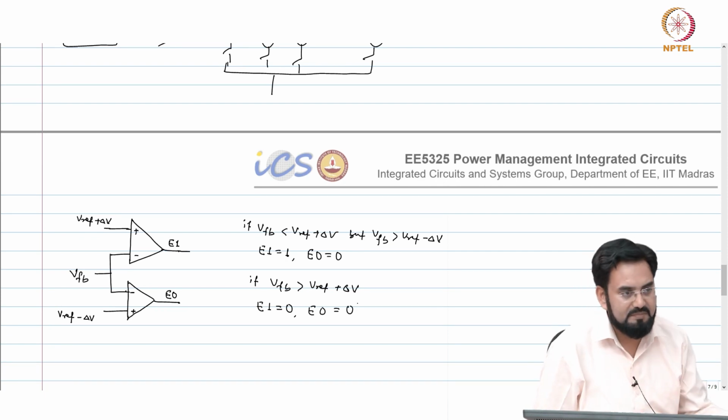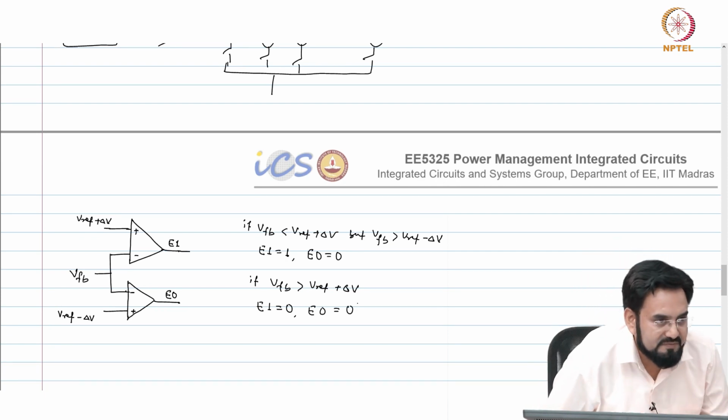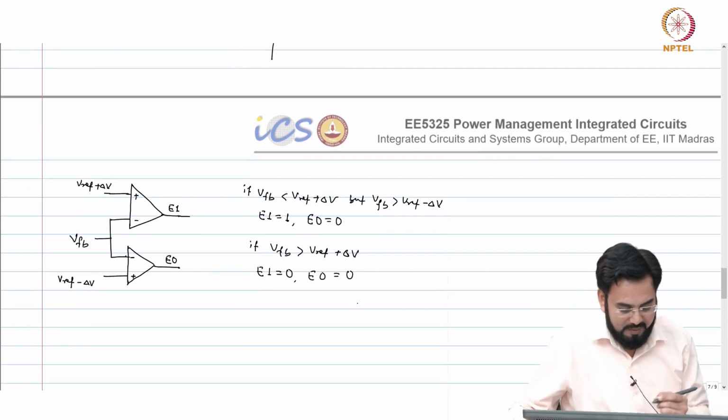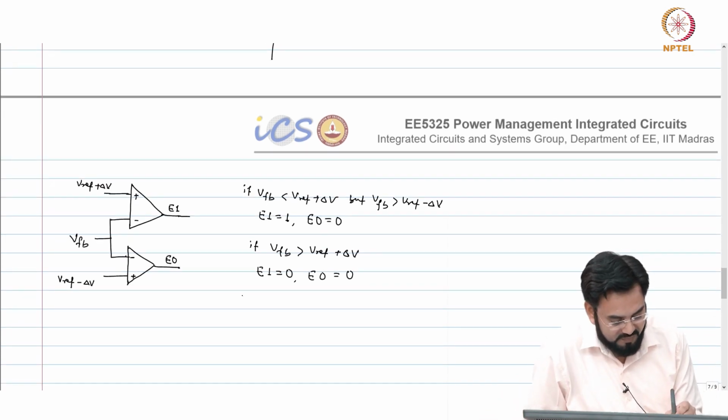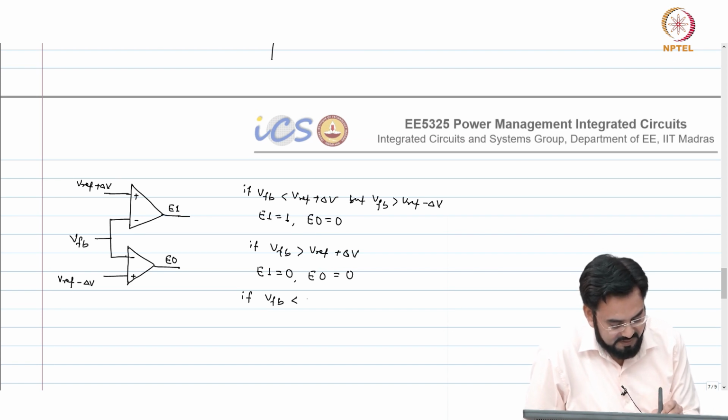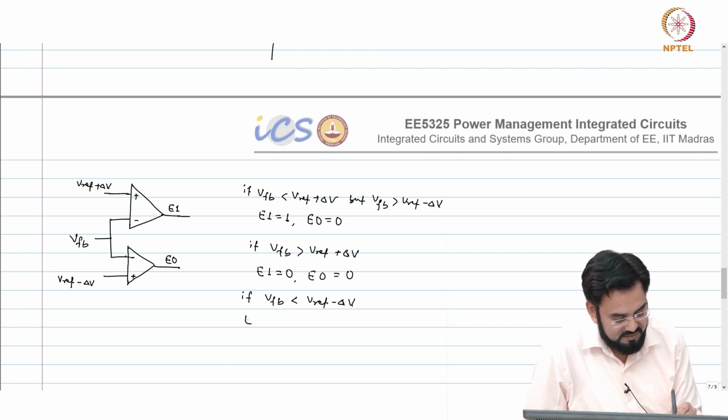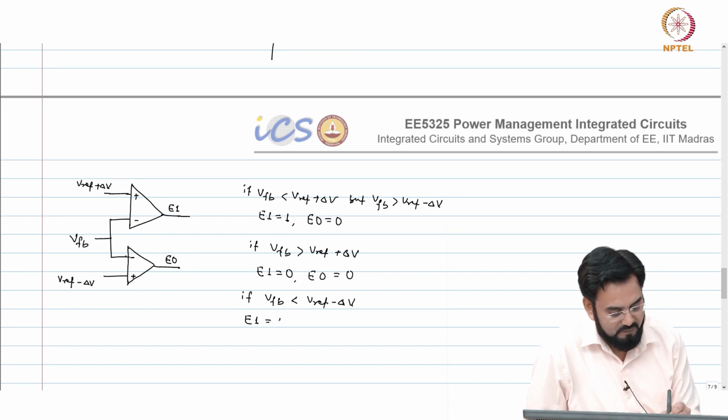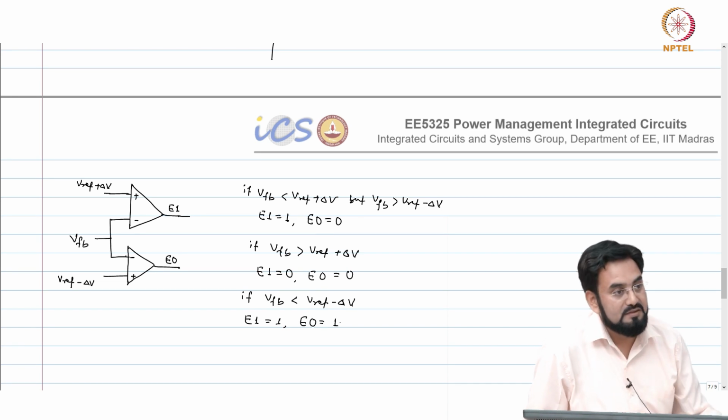If it is greater than Vref plus delta V, then it will be greater than Vref minus delta V also. If VFB is less than Vref minus delta V, then what would happen? E1 equal to 1 and E0 equal to 1.